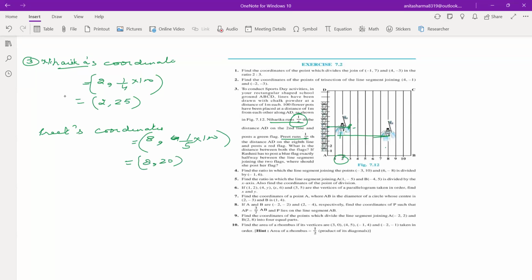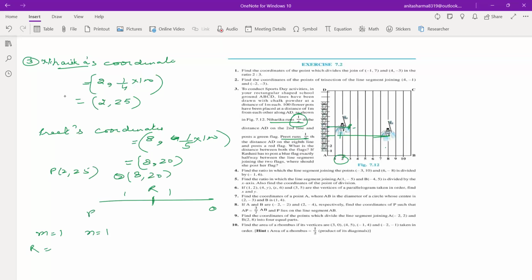Fine. So now we have to find halfway. It means they will post the flag halfway. So P point is 2 comma 25, Q point is 8 comma 20. So half means it will divide equally, so 1:1 ratio will be there. So value of m will be 1 and value of n will be 1, right, beta? Now apply the section formula. Understood?